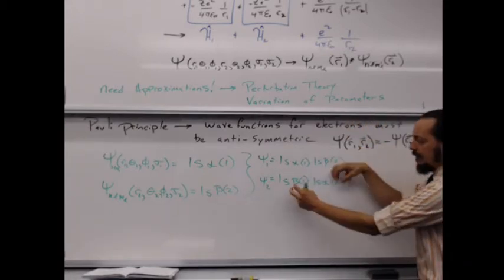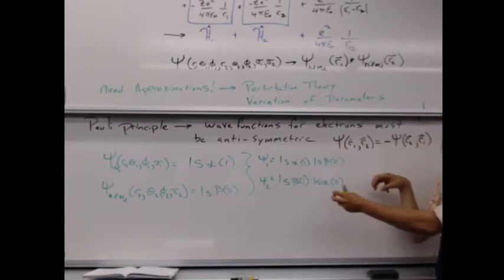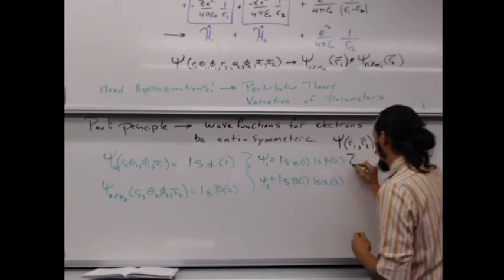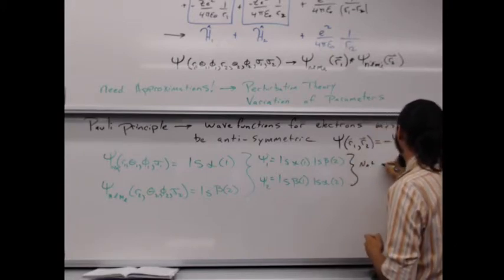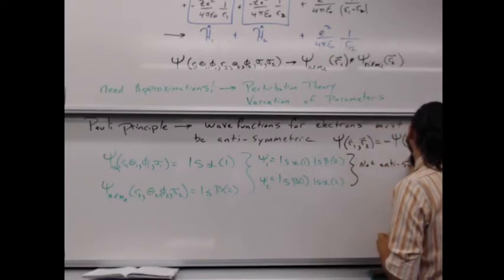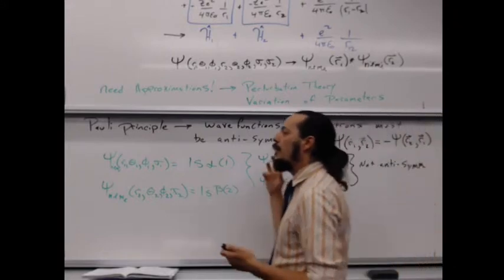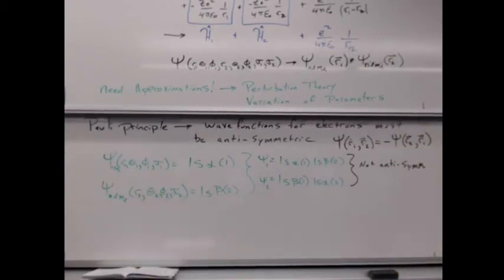If I switch these, I'm going to get the same thing. So neither of these are antisymmetric, so they aren't going to follow the Pauli principle and be good wave functions.